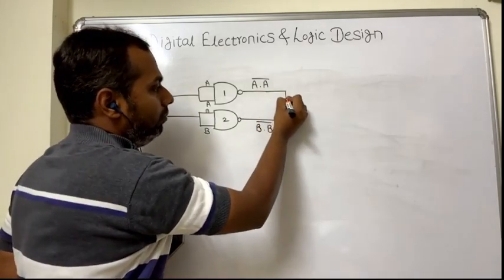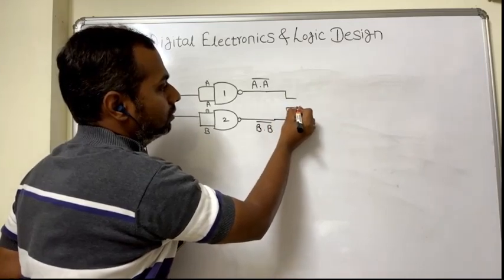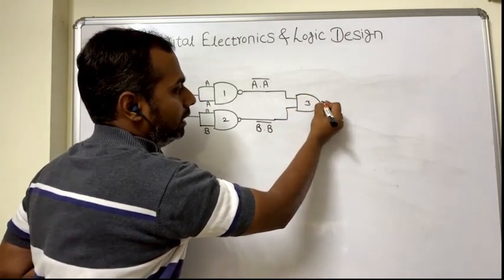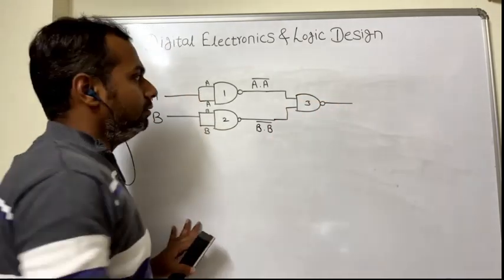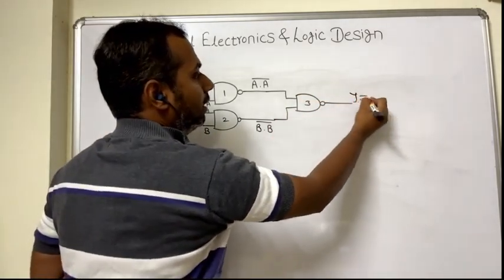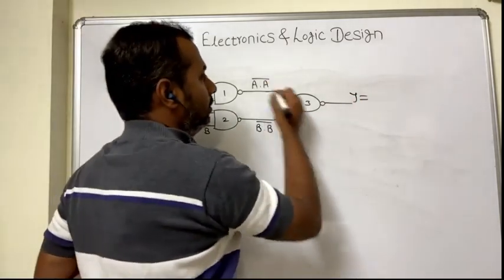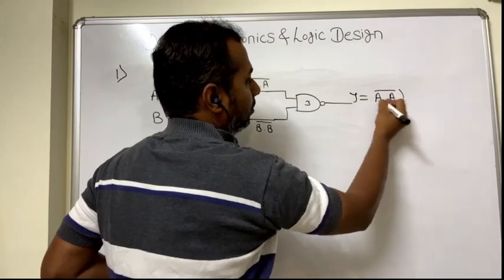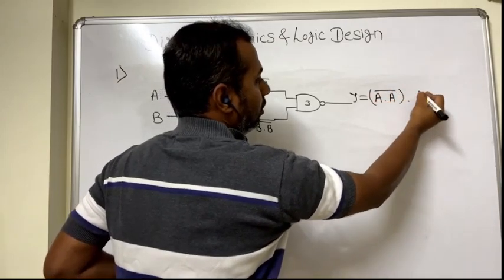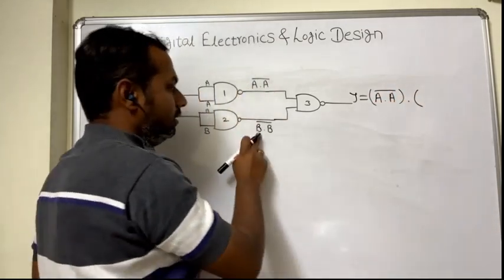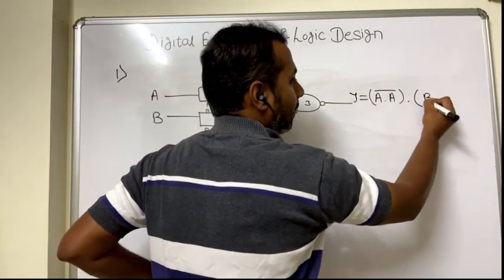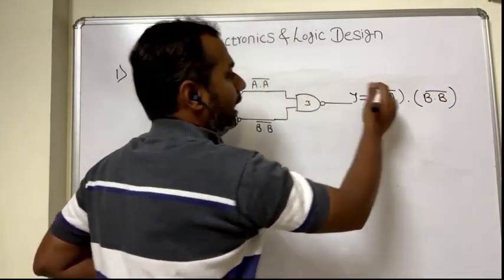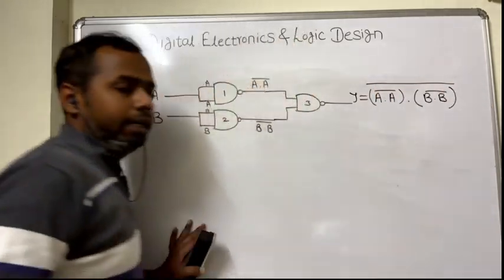If I apply them as an input to the third NAND gate, this is NAND gate number 3. So what I get here, Y is equal to the first term, that is A and A whole complement, dot, that is AND operation, the second term is B and B whole complement, and because of NAND, the whole complement of the entire term.